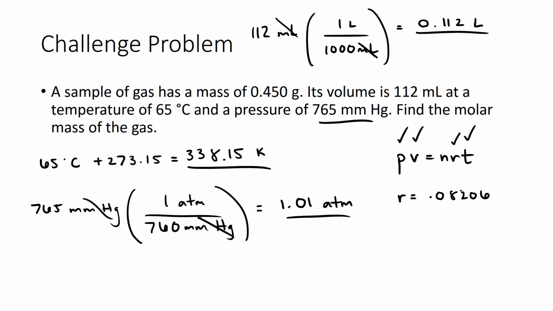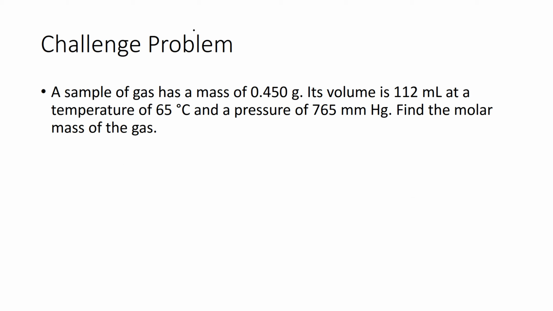If we rearrange this formula to solve for the number of moles, what we have is n is equal to PV over RT. I'm going to take this to another slide. So we have n is equal to PV over RT.